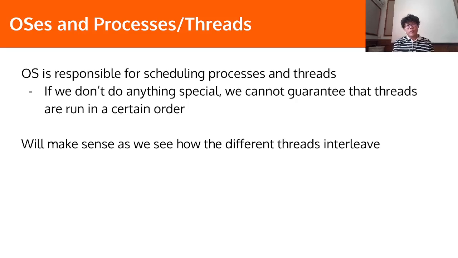So when we create multiple threads within a process, the OS is also in charge of deciding the order in which the different threads will run, right? If we don't do any synchronization or basically anything special on our end, the OS will get to decide the order in which the threads are run, and we call this scheduling. Basically the OS is in charge of the scheduling. This whole concept will make a bit more sense once we start looking at concrete examples.